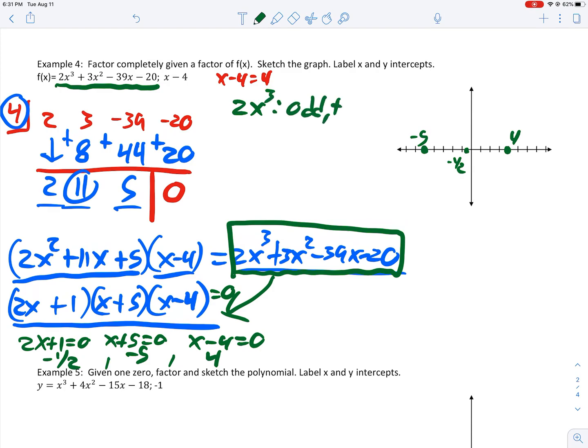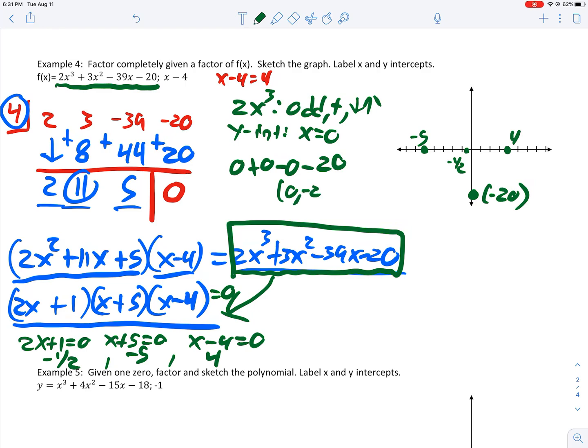Odd, positive, so low to high. Find the y-intercept. X is equal to 0. So it's 0 plus 0 minus 20. So negative 20. Right? So there's your y-intercept. There's your end behavior. I have my x-intercepts already, so I have everything I need.